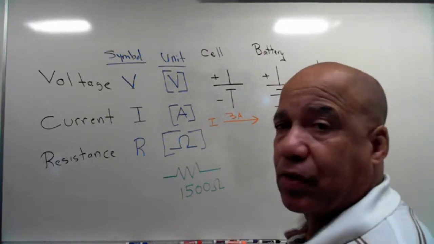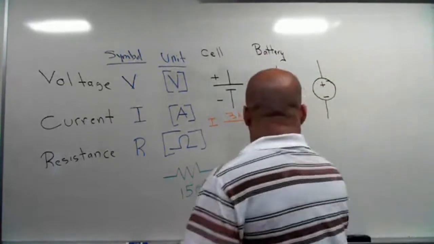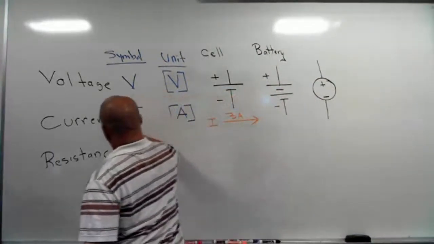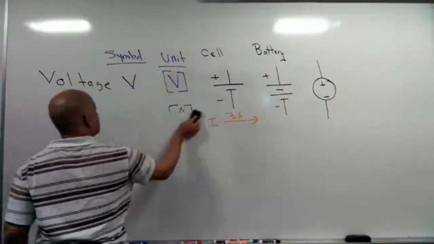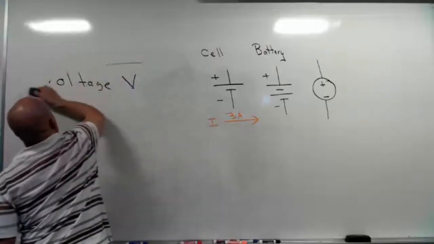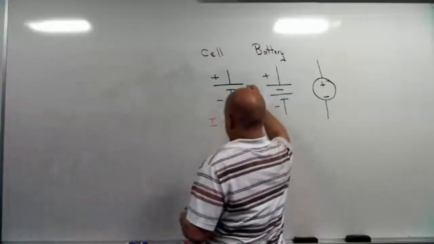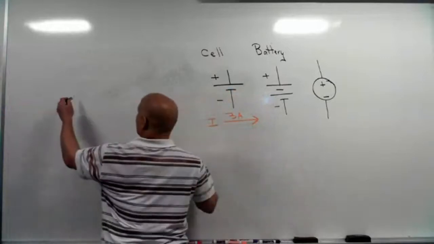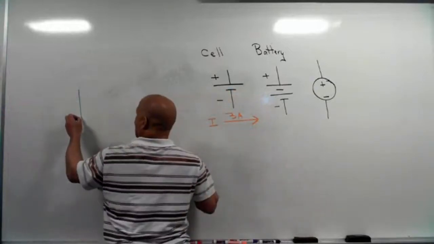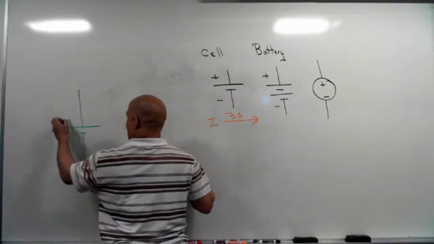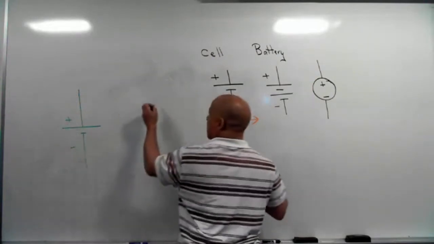Now, here's what I can do with these symbols if I wanted to. I can take the symbols, and maybe I have a voltage source and a resistor.